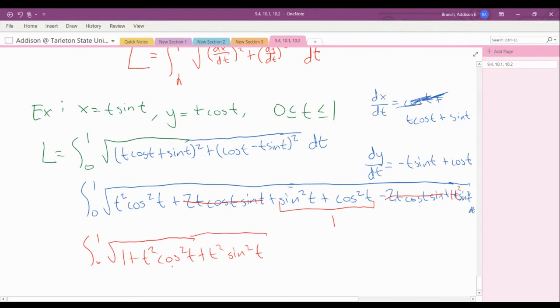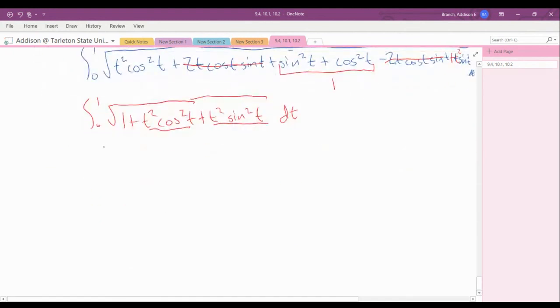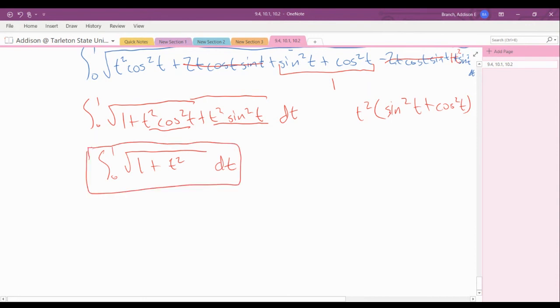We can go ahead and group these up to simplify down to t squared, and break that down to where we are left with 1 plus t squared dt as our integral, and at that point you can just solve for the integral.